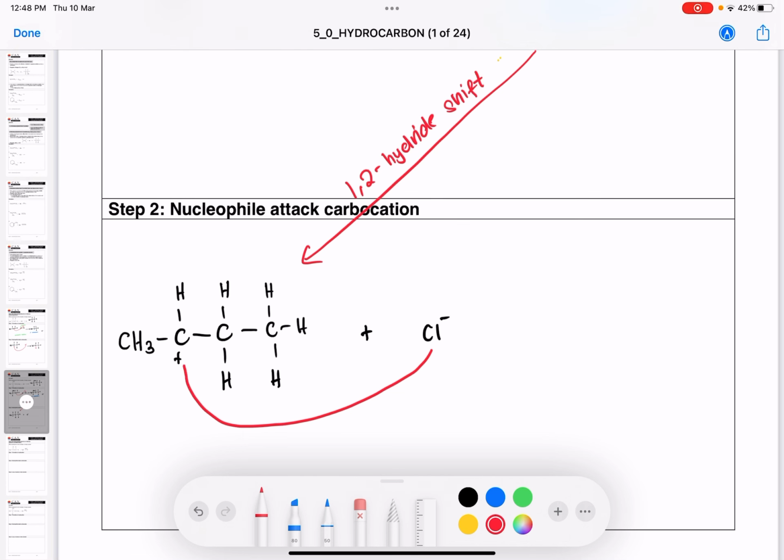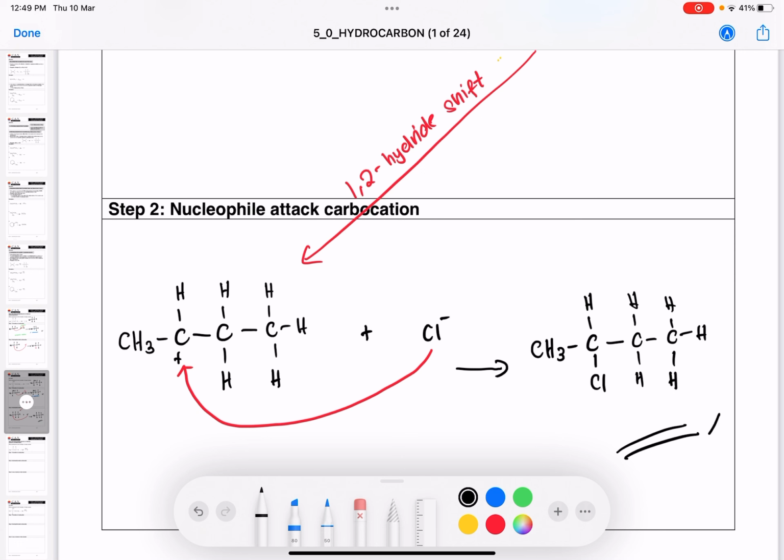So it attacks here, and we are going to get this. Ta-da! There you go. So do not forget to watch the next video, which is the mechanism of hydration of alkenes.